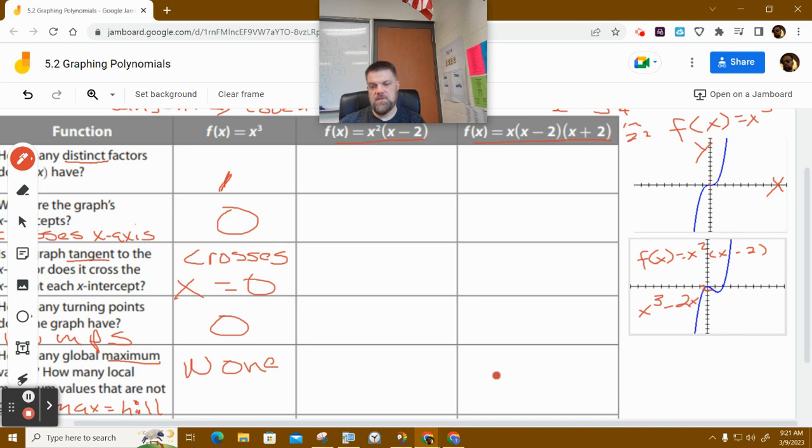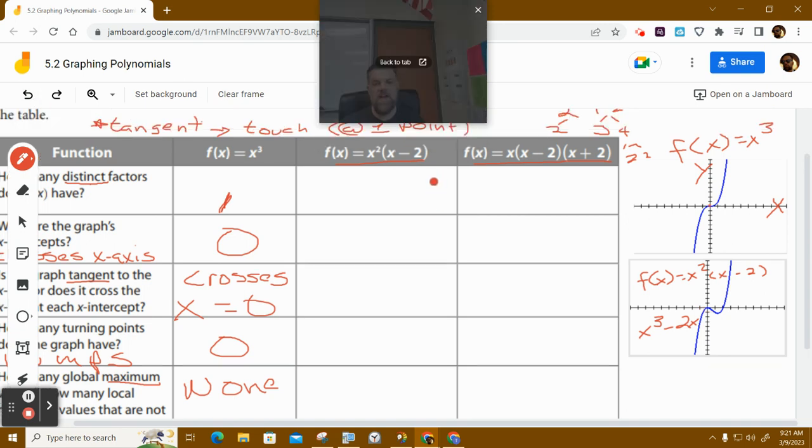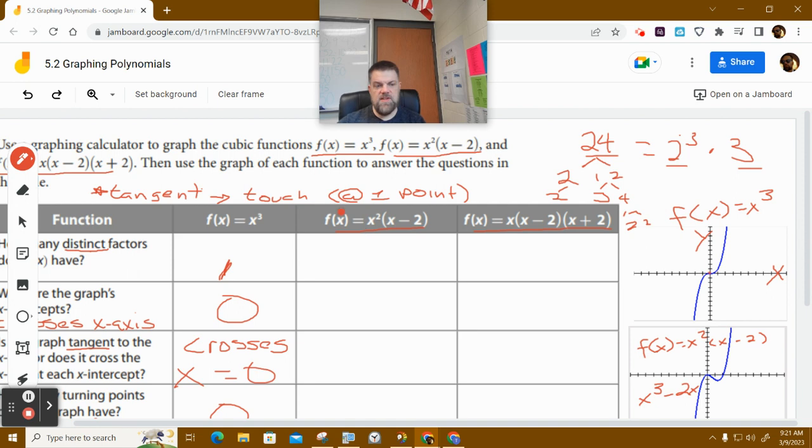Okay? Anyways, this is different. I have two distinct factors. Let me explain what I mean by that. This is a factor, so that's one factor, and then this is a factor. So we have two factors. What are the factors? x and x minus 2. Those are my two distinct factors.